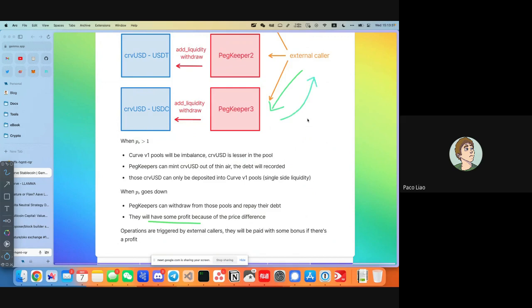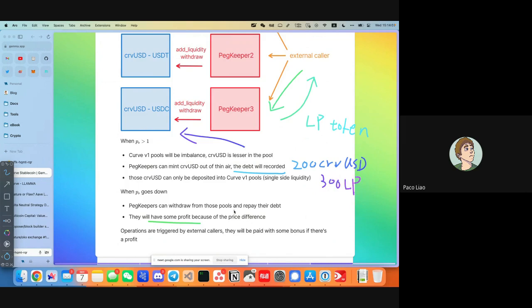denominated in LP tokens. So maybe the peg keeper minted 200 Curve USD and deposited into the Curve pool, and he got maybe 300 LP tokens.